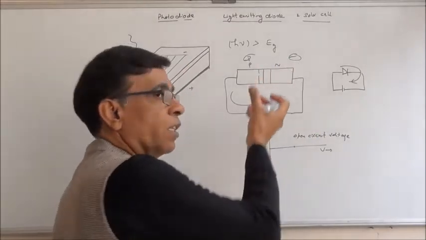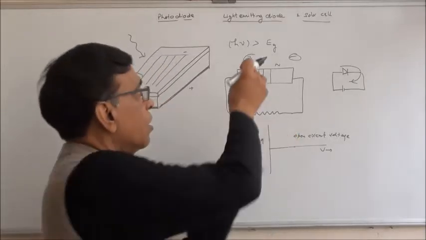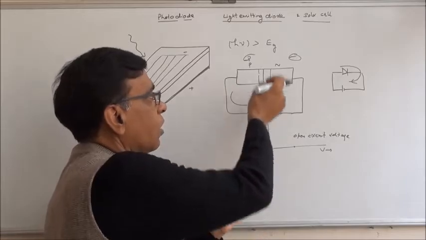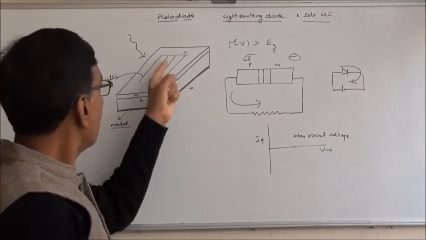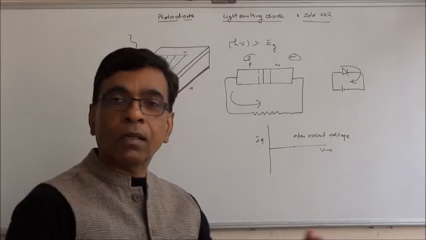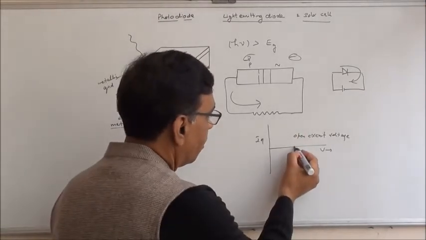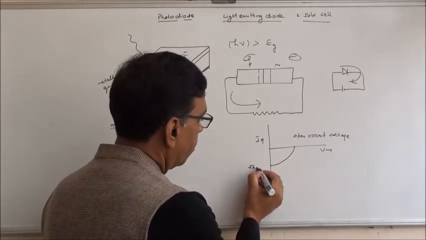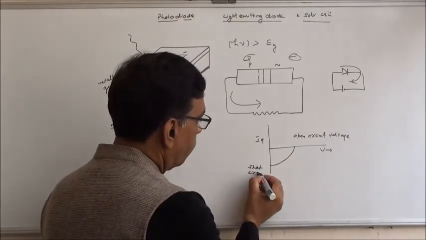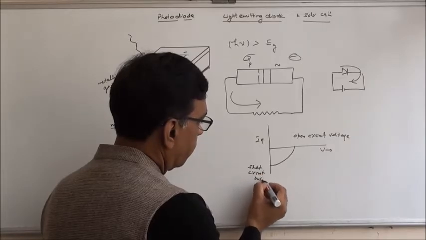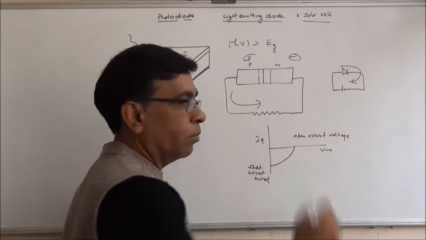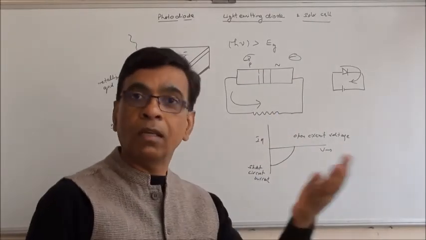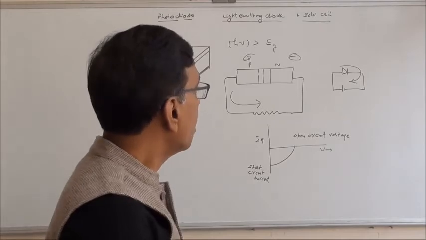When the current is flowing, electrons are moving in this direction, the charge here will decrease, the voltage decreases and the current will increase. We call it the short circuit current. So this will be the VI graph. It will be in the fourth quadrant, because we are taking current from the cell, not giving it.